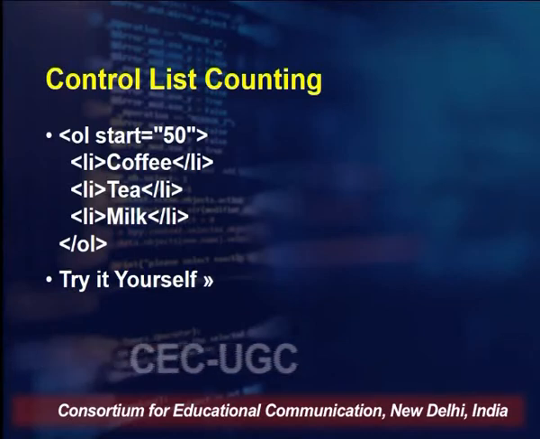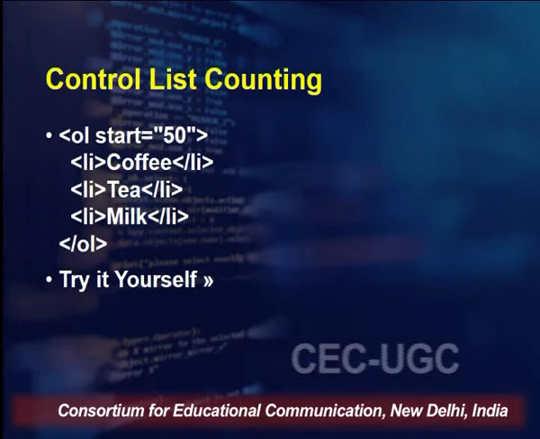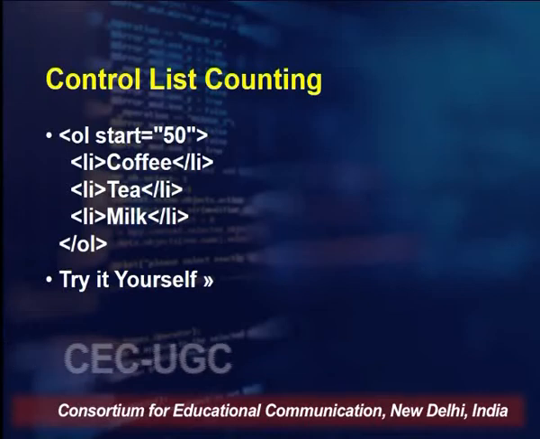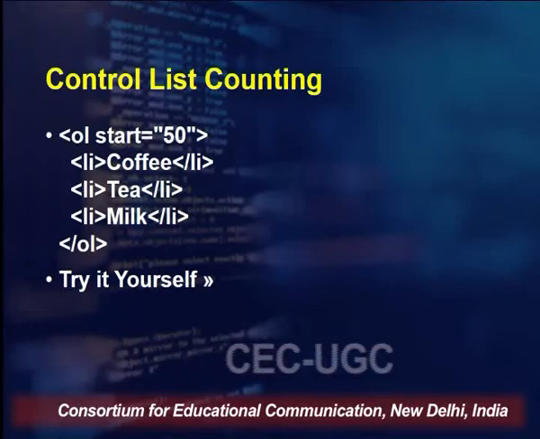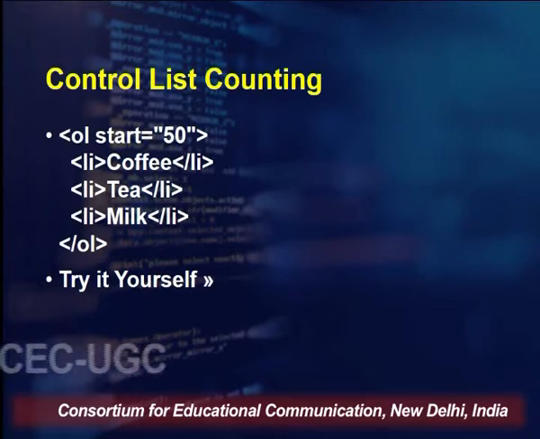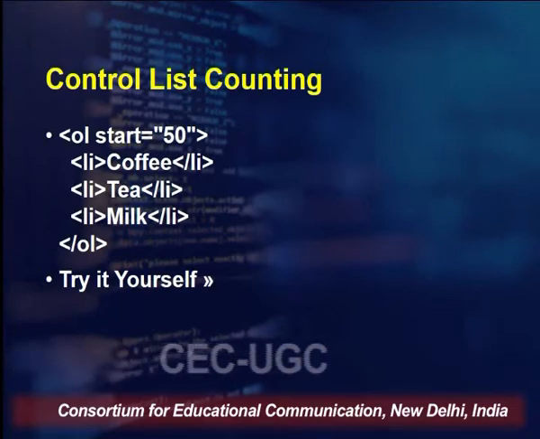But I would suggest that in order to have a proper list, your start attribute and your type attribute should be in consonance with each other. Here I have just written the start attribute because 1, 2, 3 is the numbering given by default.